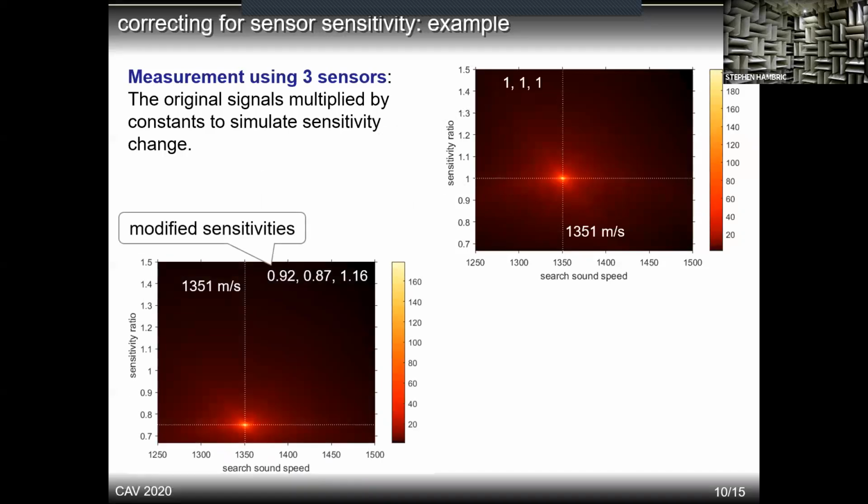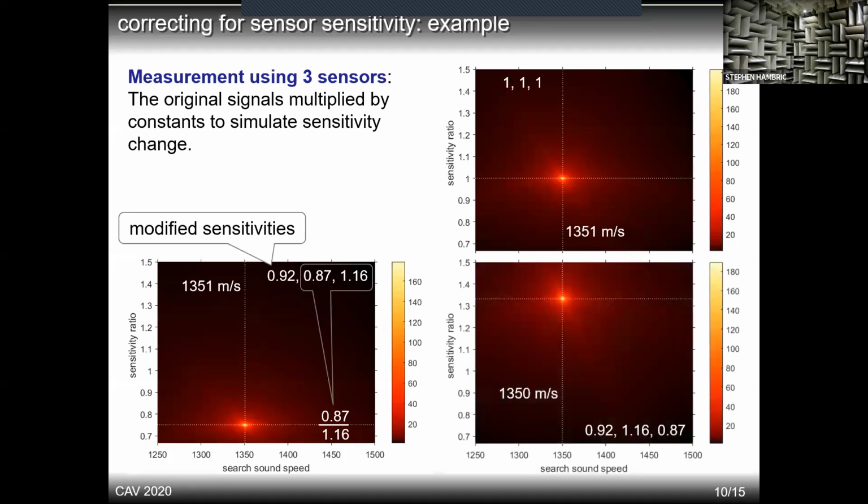The values now are 0.92, 0.87, 1.16. The ratio of the second and third sensor sensitivities is now 0.75, and this value matches the position of a new maximum, which nevertheless indicates the correct wave speed of 1351 meters per second.